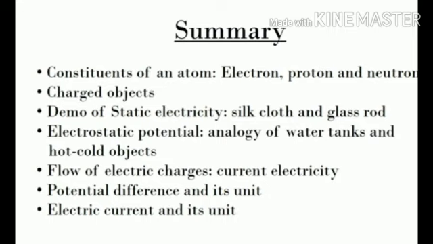We also looked at electrostatic potential using the analogy of a water tank and hot and cold objects. We have learned the flow of electric charge, that is current electricity. And we have seen what is potential difference and its unit. And we have also learned about electric current and its unit.